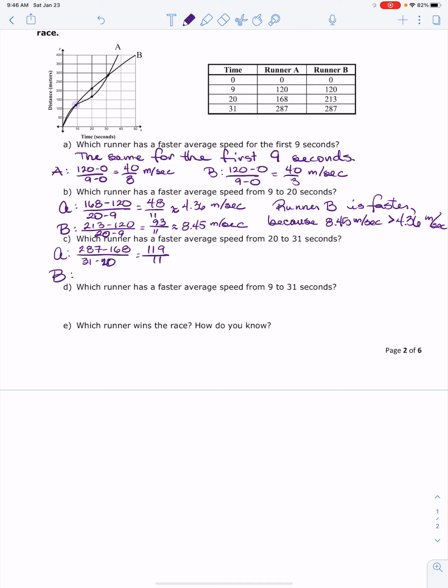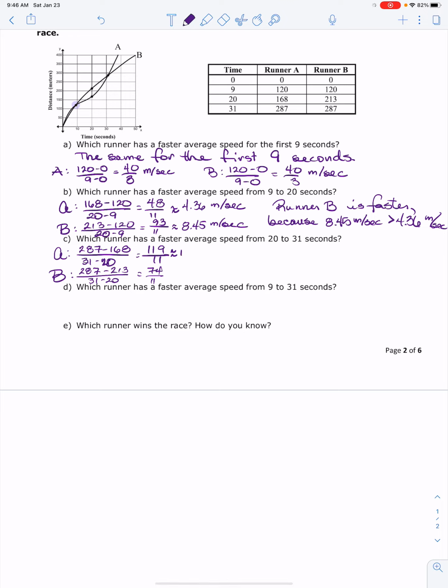Runner B goes 287 minus 213 over 31 minus 20. And I get 74 over 11. Easy for me to compare in the fractions. I know that 119/11 is bigger than 74/11, so runner A was faster.